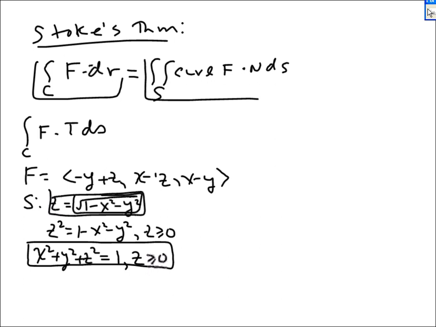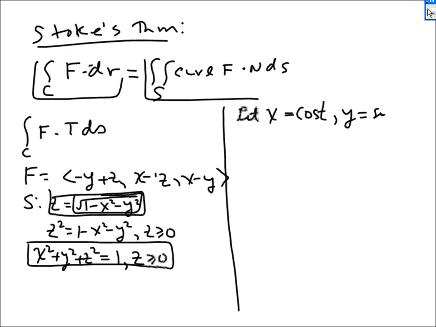So now let's evaluate this as a line integral. How about we let x equal cosine t and y equal sine t. Then x squared plus y squared will equal 1.